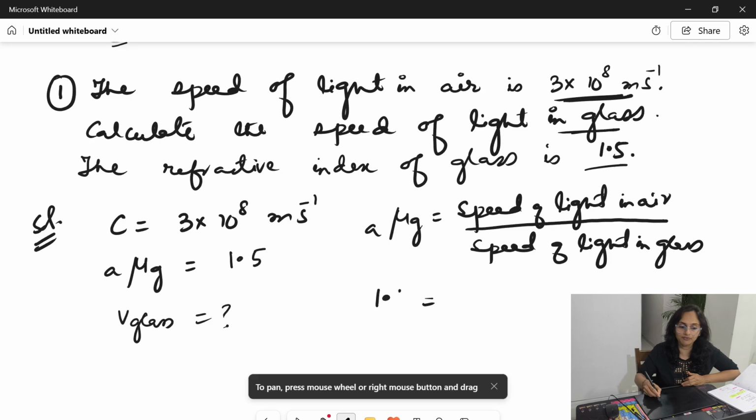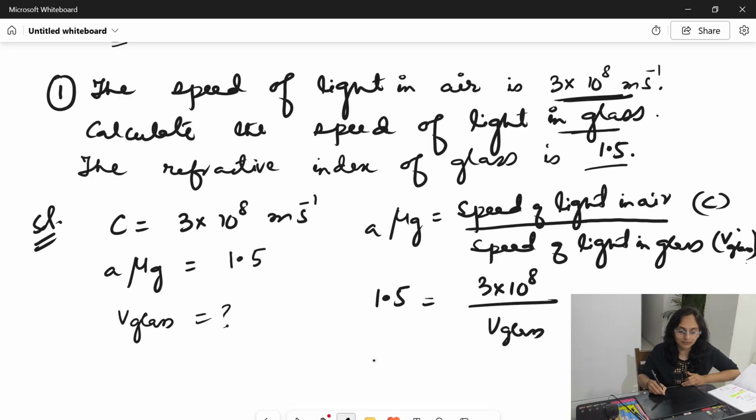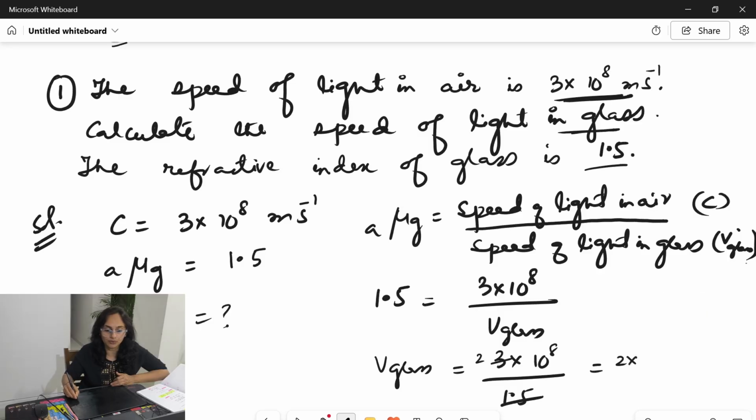We can write 1.5 equals to speed of light in air is C, it's given to us, upon V glass. So we will write 3 into 10 raised to the power 8 upon V glass, and now we can calculate V glass, that means velocity of light in glass is 3 into 10 to the power 8 upon 1.5, and just solve it. You will get 2 into 10 to the power 8 meter per second.